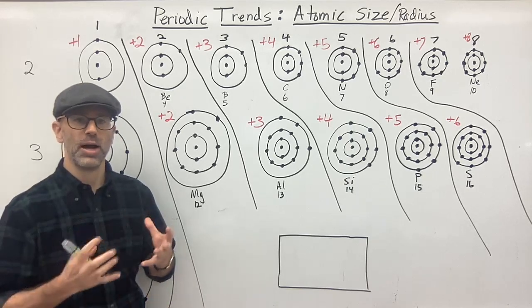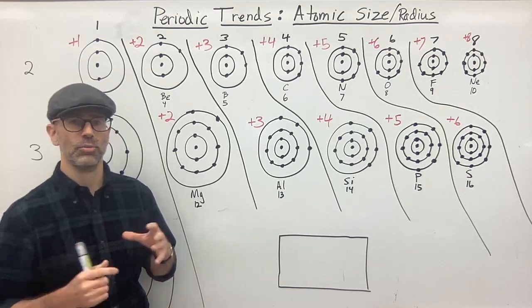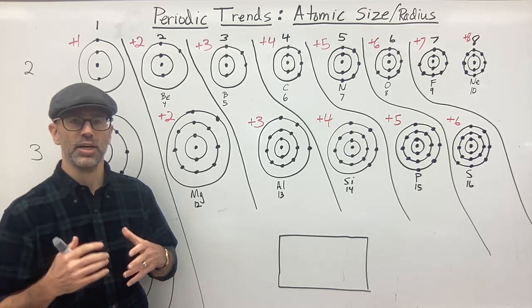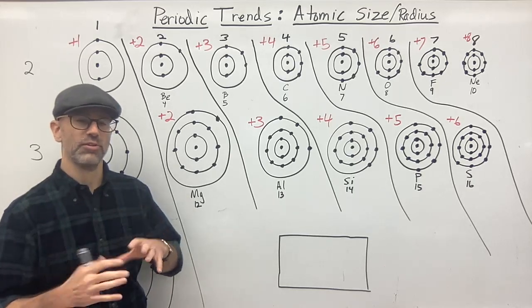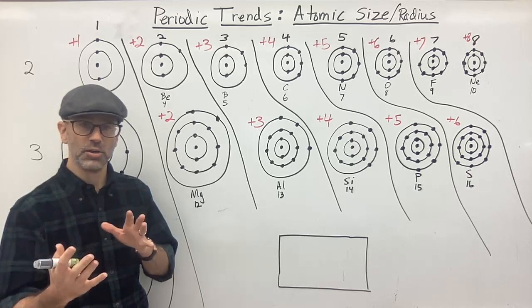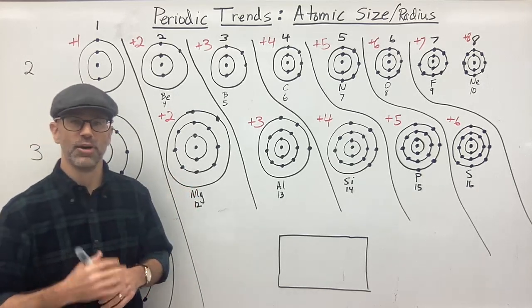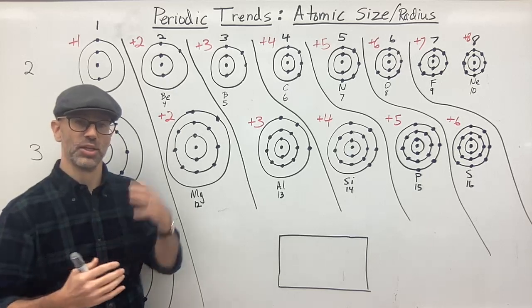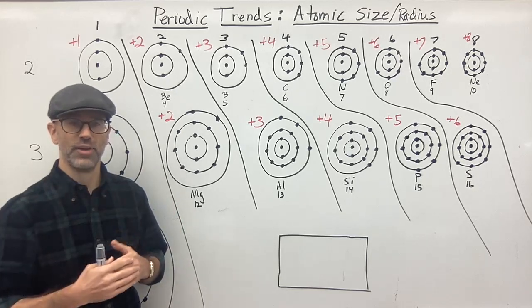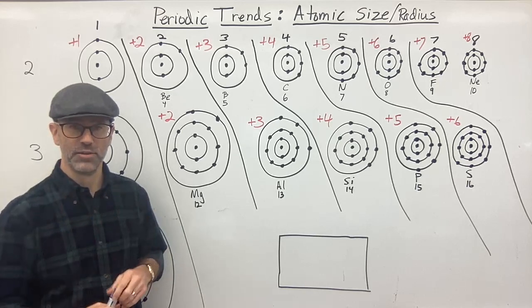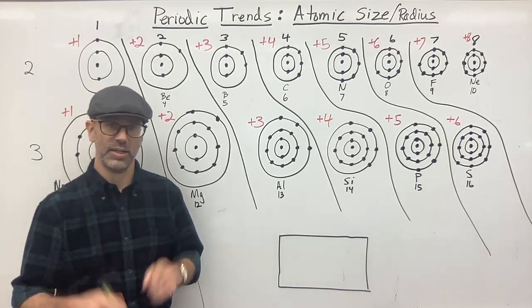We're always thinking about Coulomb's law, right? Coulomb's law is where you have the attractive forces of different charged particles. Here we have repulsion, and we have attraction going on between the nucleus and the electrons, and repulsion between the electrons. And so let's get into this.